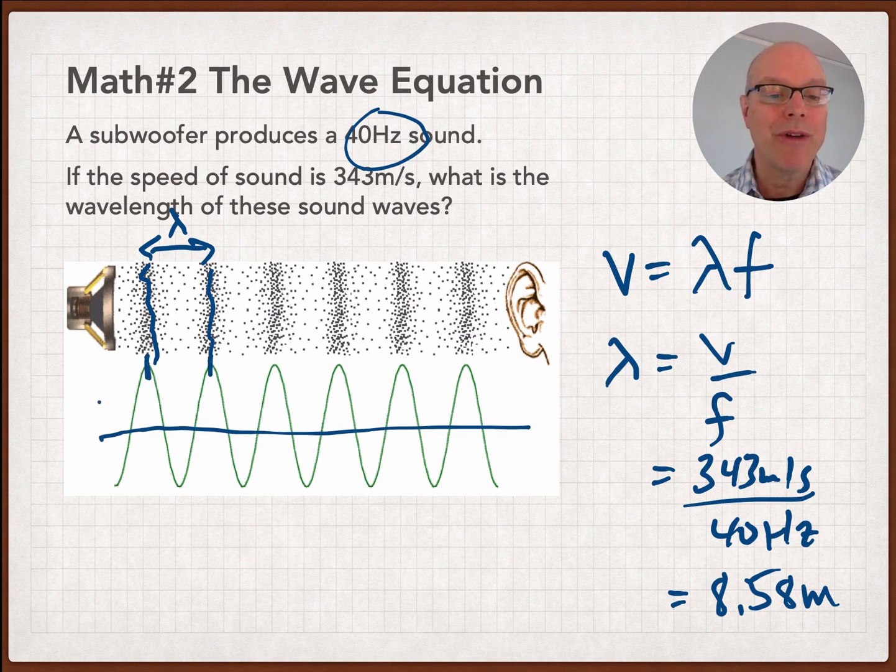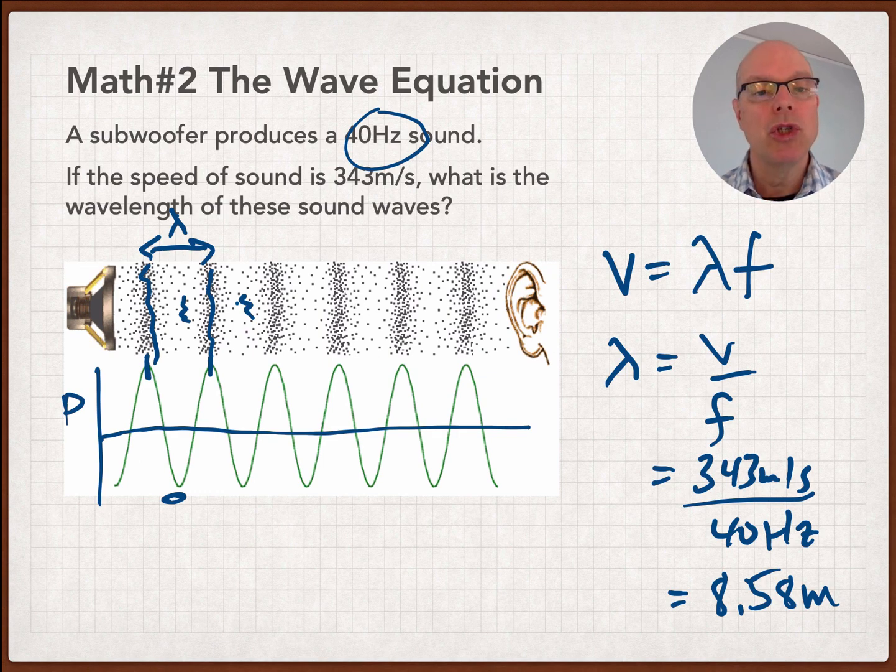What's being graphed here is pressure, and you can see that pressure gets raised and pressure gets lowered. In these areas where the speaker pulls back and creates a little bit of a vacuum, that's what we call a rarefaction, or an area of uncompression. So that's the wave equation, and also a little bit more about how sound waves operate.